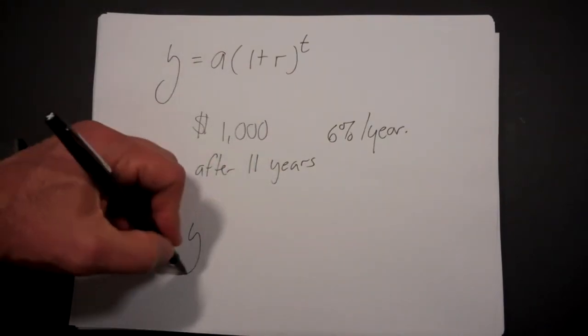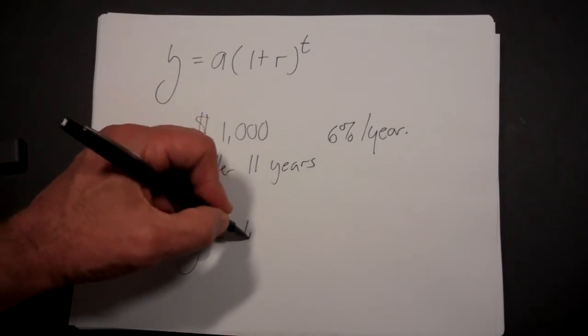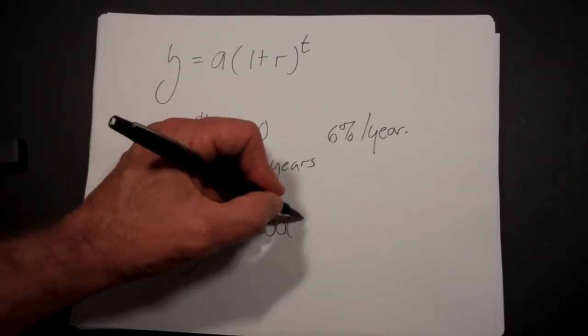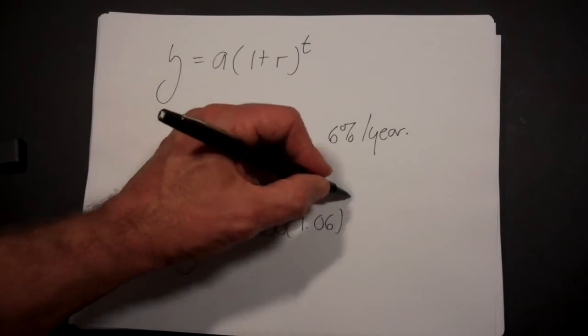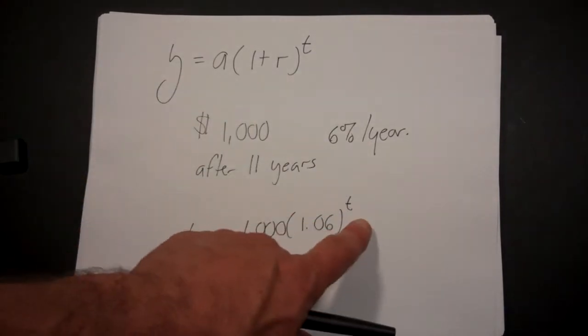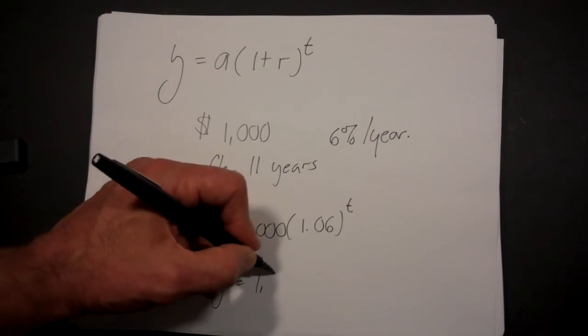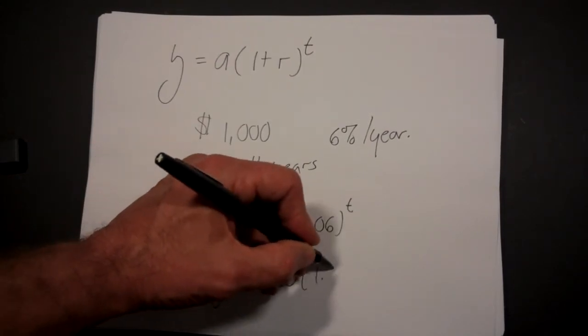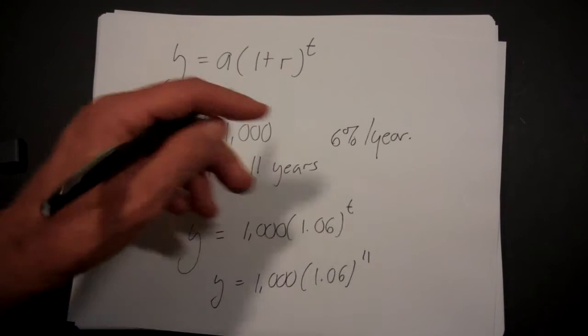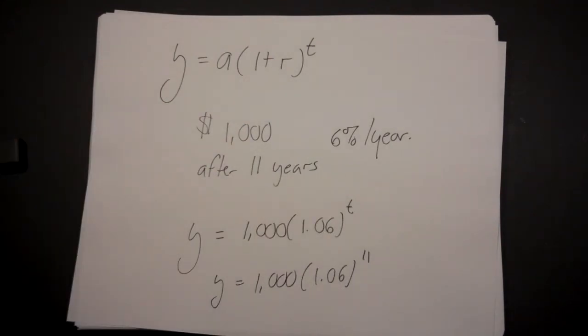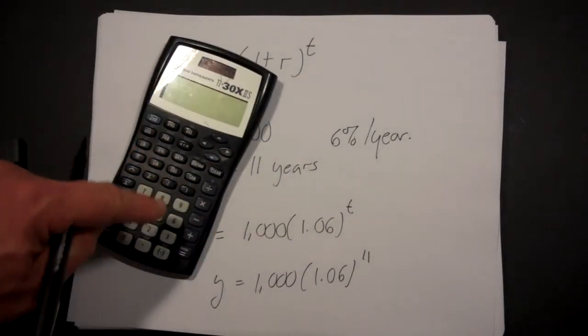So that problem is pretty straightforward. It's Y is equal to 1,000 times 1.06 to the T, where T is the number of years, so you just plug in 11 years. Y is equal to 1,000 times 1.06 to the 11, and we can just use a calculator to figure out what that is.